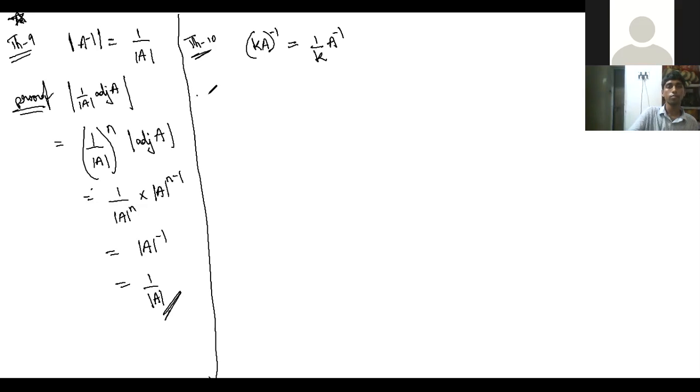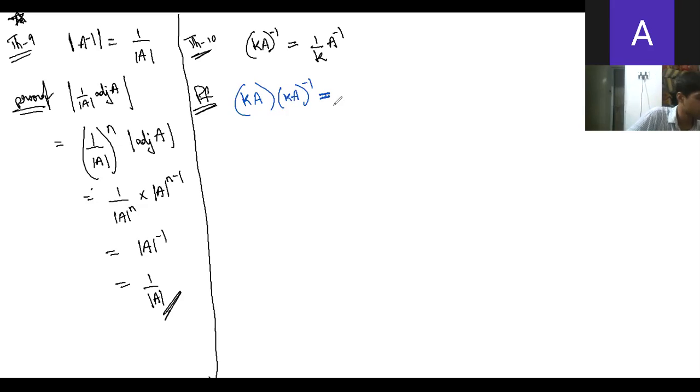What is the proof? What is kA into K inverse? What is A into A inverse? I. Good. From here, first and foremost, I am taking K to the other side.